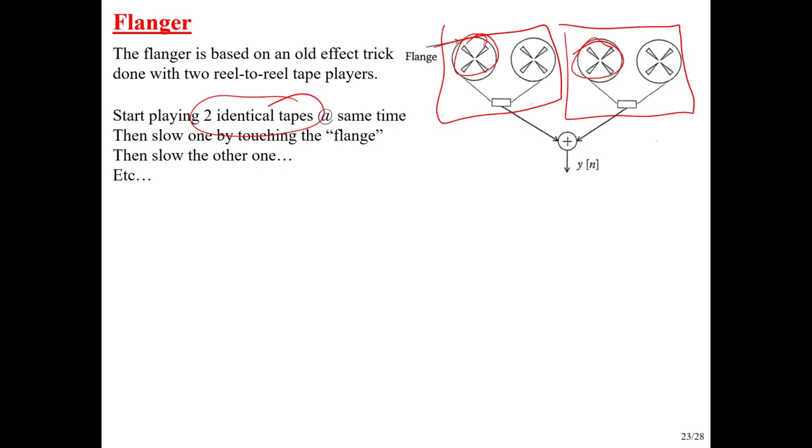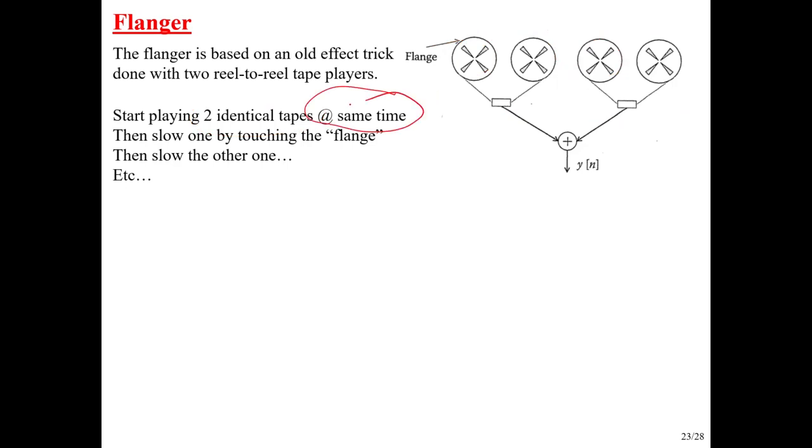And somehow you align those just perfectly so they start off aligned. So you start them at the same time. And then as they're playing, you can make these tape recorders so that they're synchronized in some way. But as they're playing, what you do is you just touch the flange of one. That's going to slow one down and create a time-varying delay.